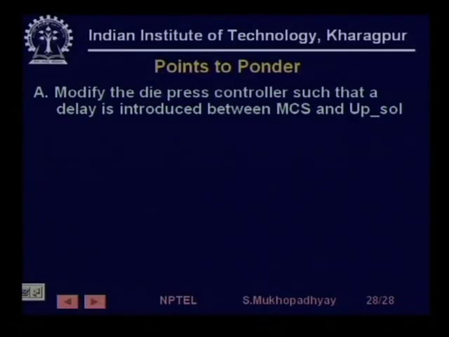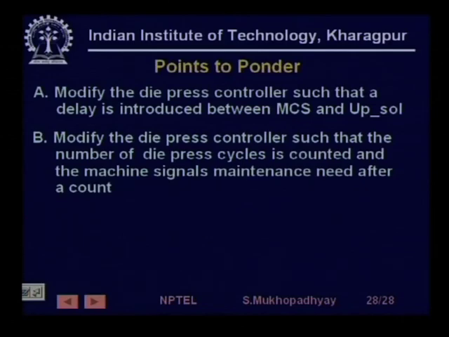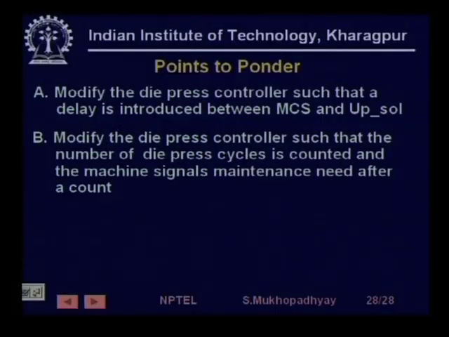Coming to the end, we have the usual points to ponder. You could try to modify the die press controller such that a delay is introduced after the master control switch is put on and the up solenoid goes on. You could also modify the die press controller such that the number of die press cycles is counted.